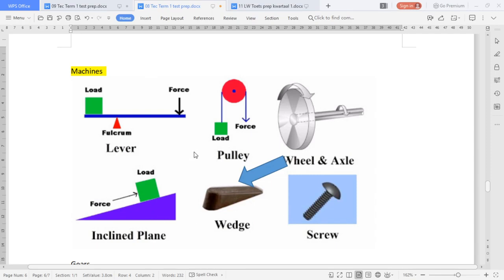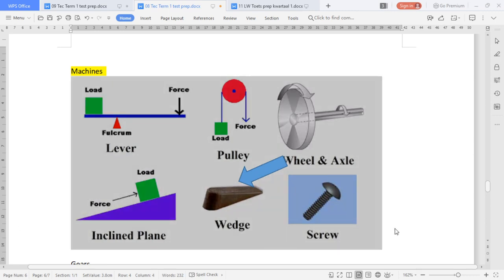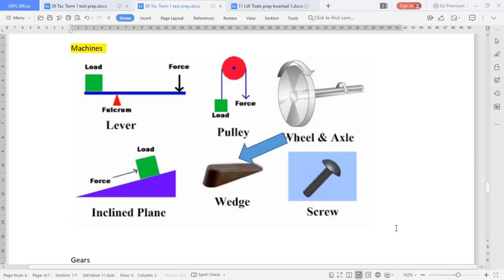An axe is basically a wedge, and if you push the wedge in between the two pieces of wood, then it creates a hole in between, which means that the wood breaks apart. So it makes our work easier.